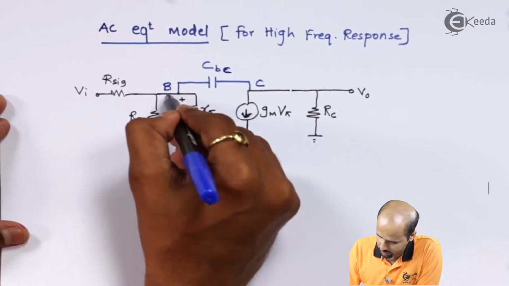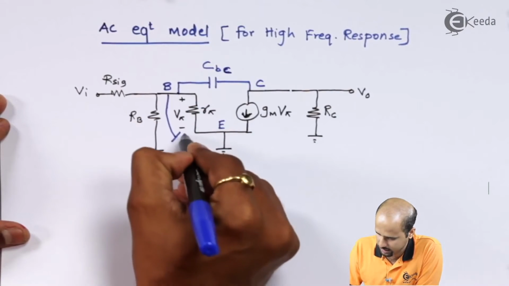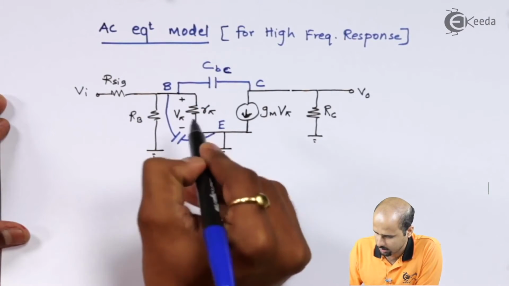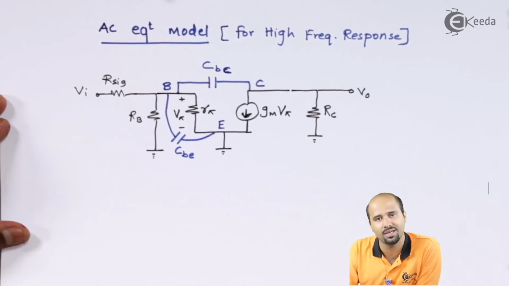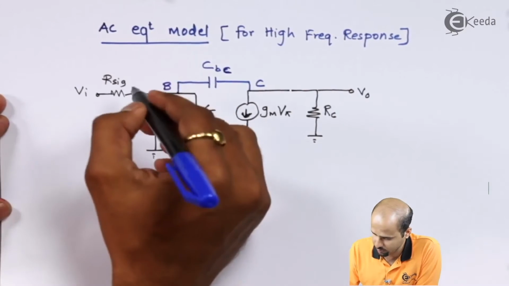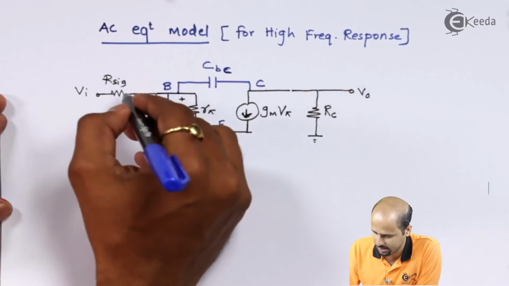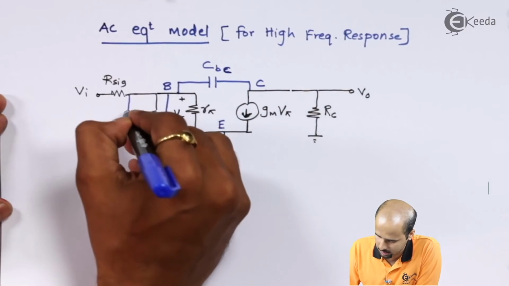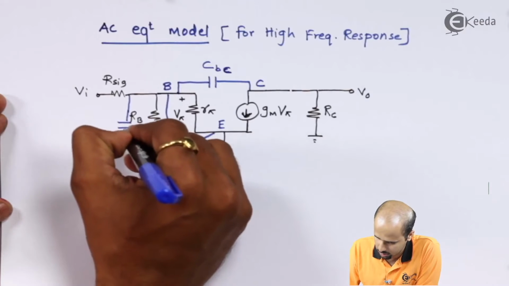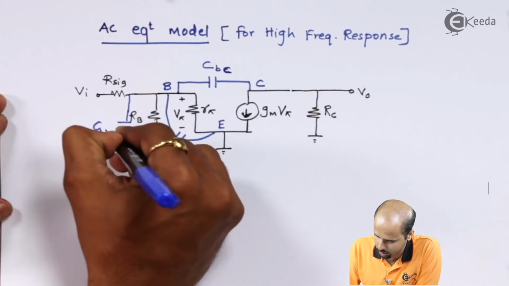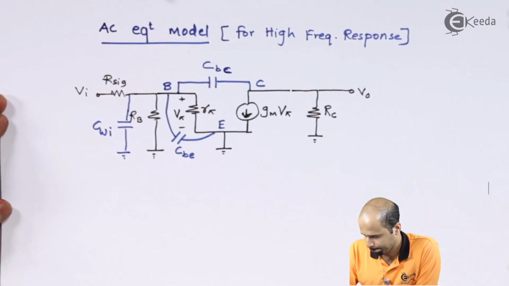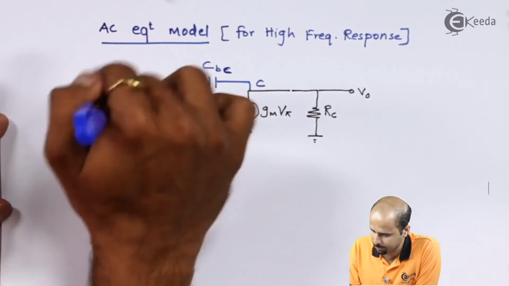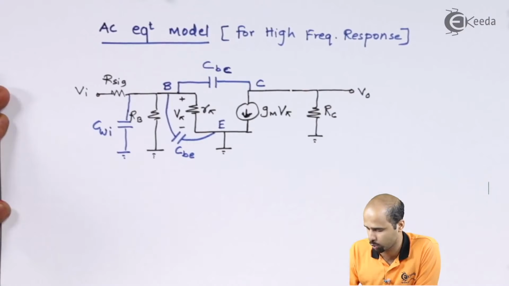Here we will have another capacitance, that is CBE, and also we will have the wiring capacitance, that is CWI. As far as these input capacitances are concerned, it's over.